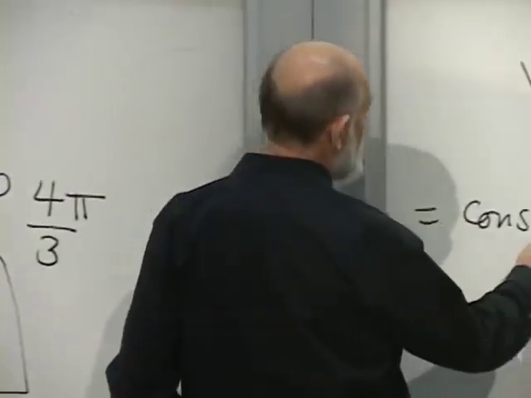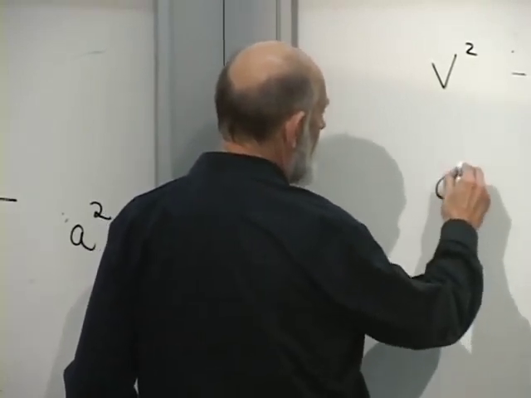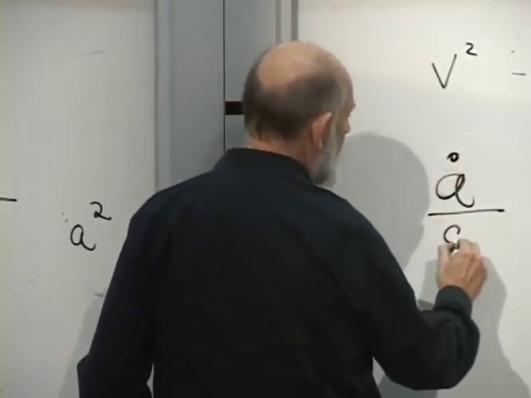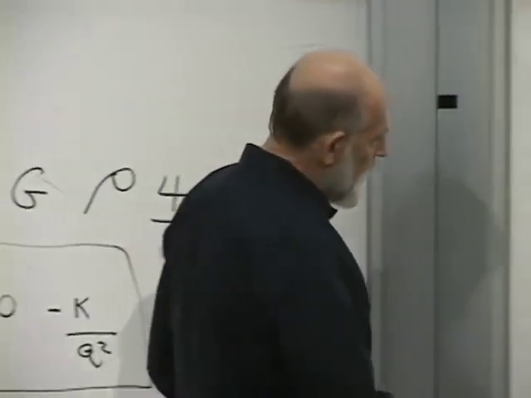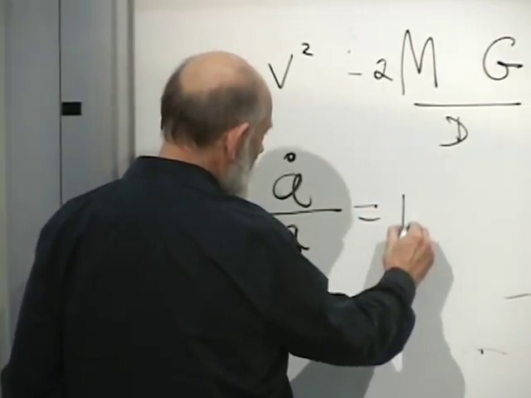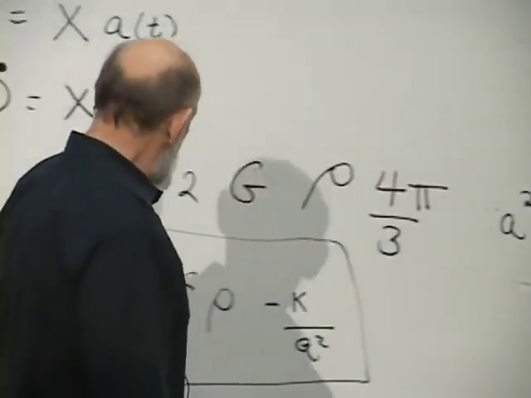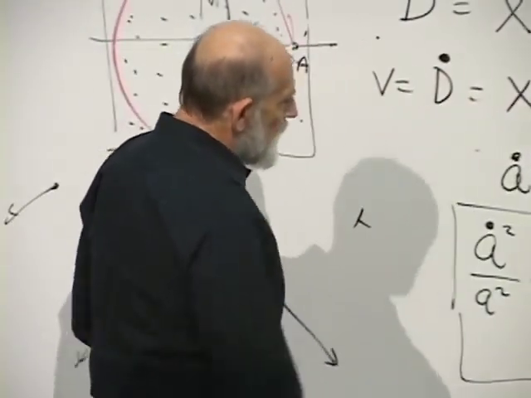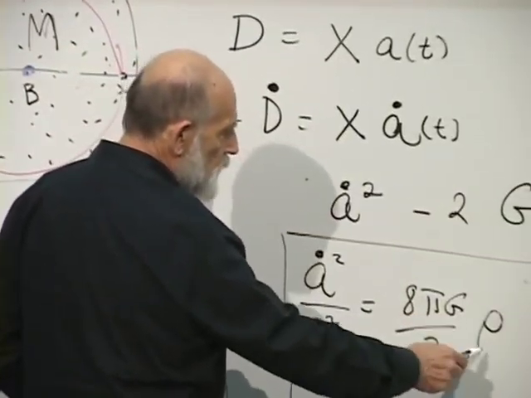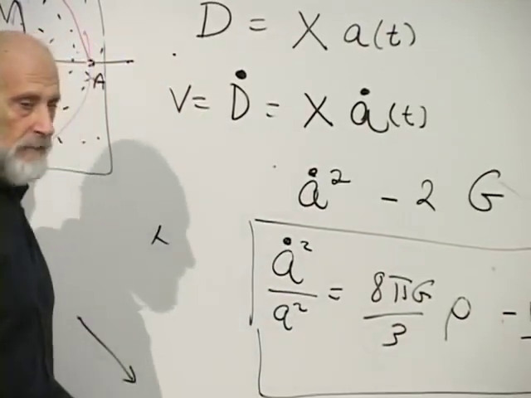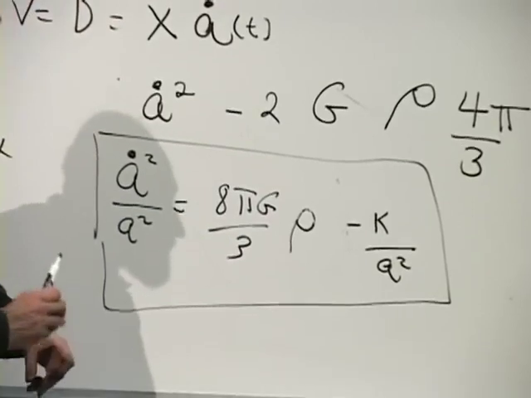But the last time I told you another name for a dot over a. A dot over a was the Hubble constant, which isn't constant with time. So another way to write this is that the Hubble constant squared is equal to 8 pi G times the density of material minus k over a squared.